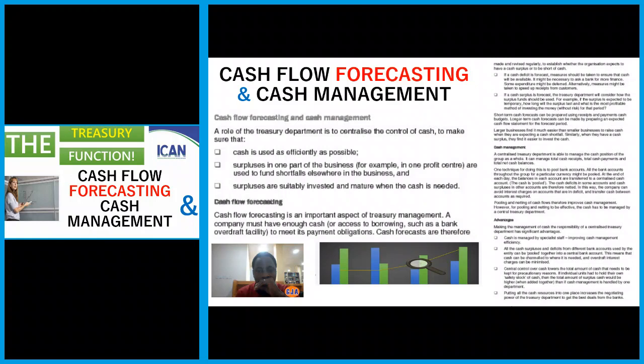Total inflow is all cash receipts in a particular period. Total outflow is all cash outflows added up for a particular period. Net cash flow is cash inflows minus cash outflows. And we said closing balance is the opening balance plus the net cash flow.